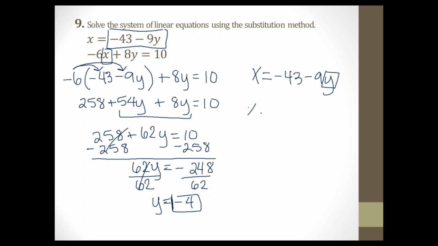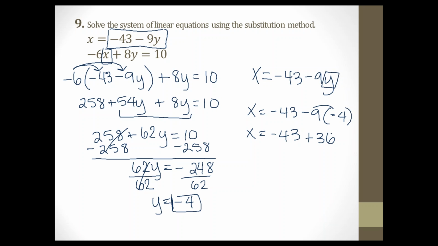So I have x equals negative 43 minus 9 times negative 4. So that's going to be x equals negative 43. 9 times negative 4 is positive 36. And then negative 43 plus 36.